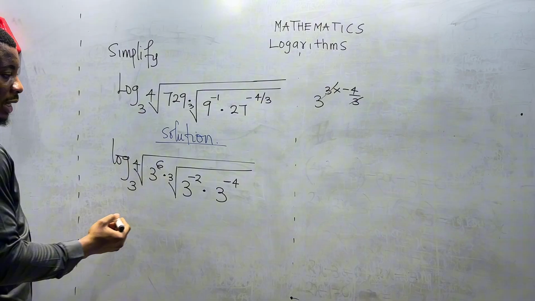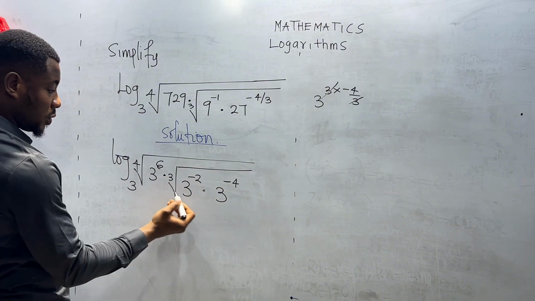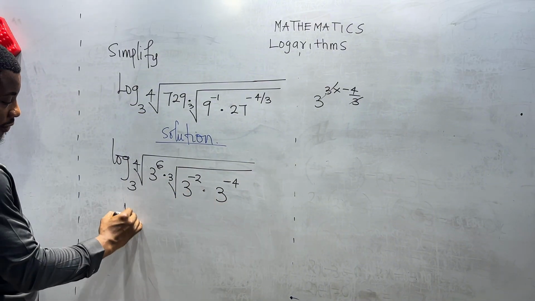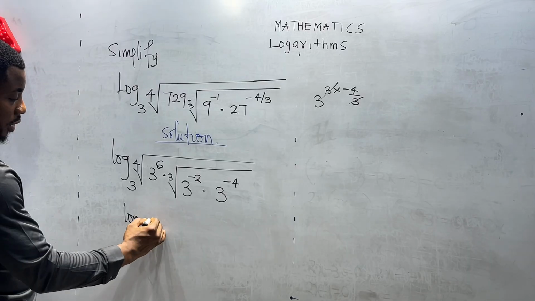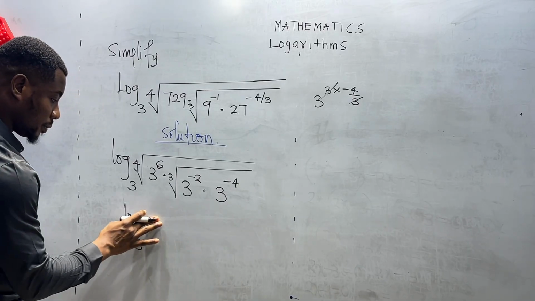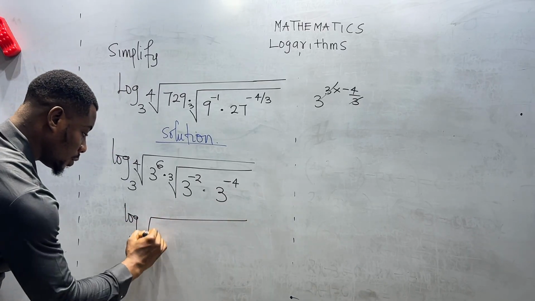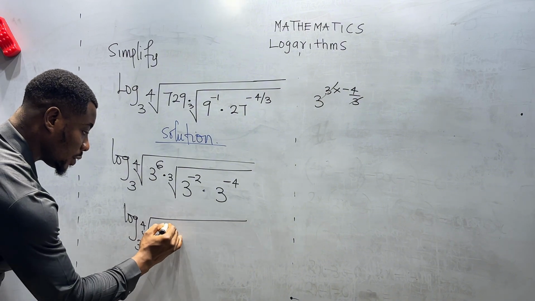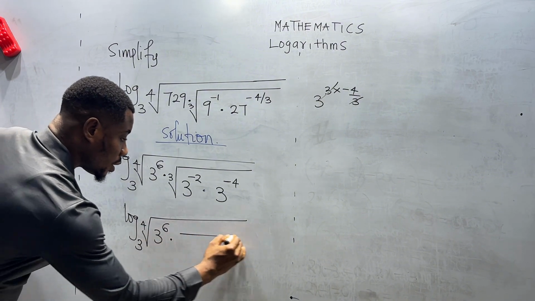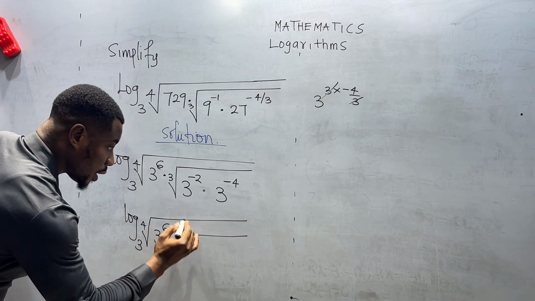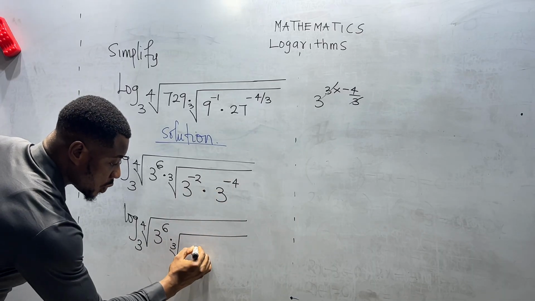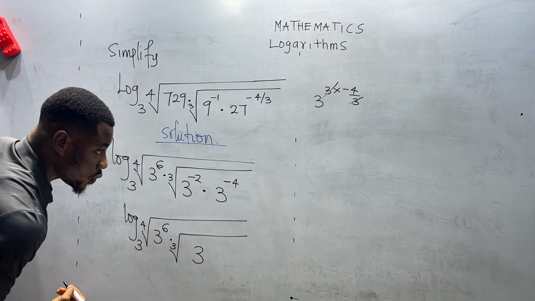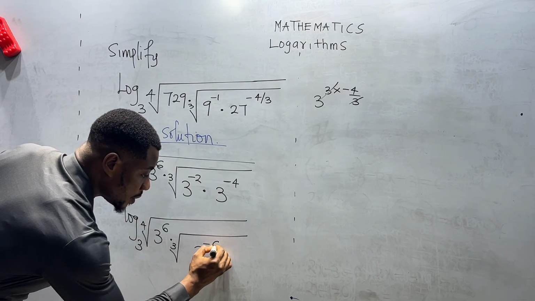Now at this point, we can apply indices for these two. And when we do that, we have log to base 3, fourth root, 3 to the power of 6 times third root. Now applying indices for these two, we'll be left with 3, negative 2, negative 4 gives us negative 6.